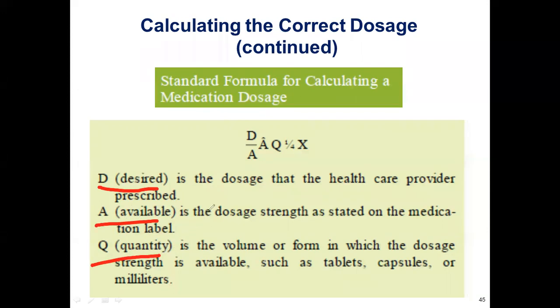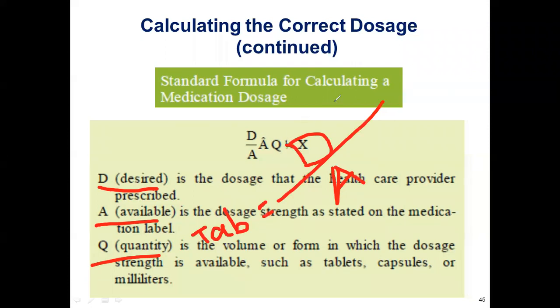An easy way to remember: the number of tablets, meaning the quantity we need for the patient, equals the desired dose divided by the medication in our hand, the available.